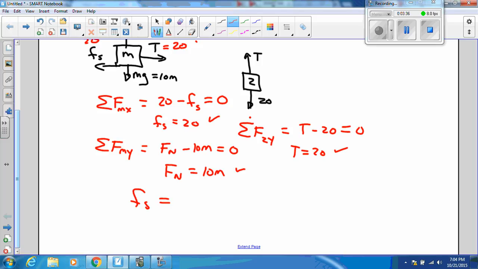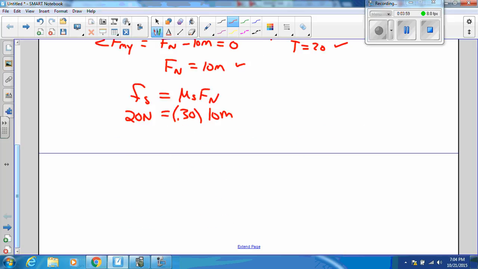Since we are at the maximum possible frictional force, in other words, we're just on the verge of moving, we're going to say that F sub s is equal to mu s times the normal force. And now if we plug in all of our values, we have a 20 Newton force for the static frictional force. We have a value of 0.3 for mu s, and our normal force is equal to 10 times m.